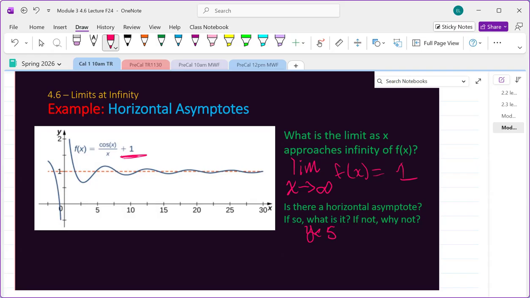Now, horizontal lines are all the points that share a common coordinate. So if I think of points on this line, that's the point (5, 1). If I think of another one, that's the point (20, 1).